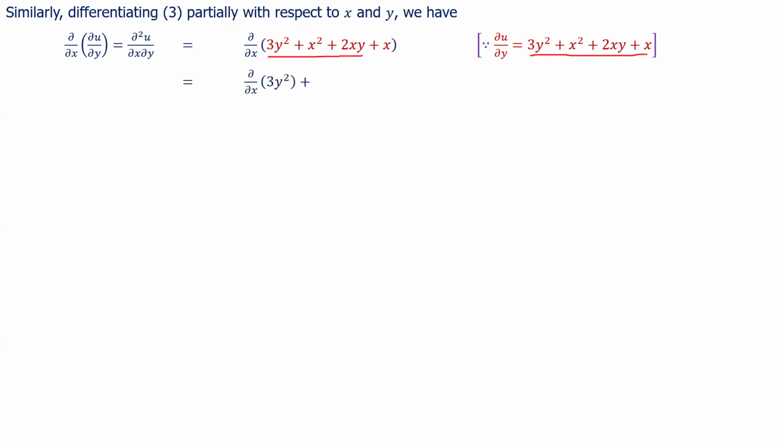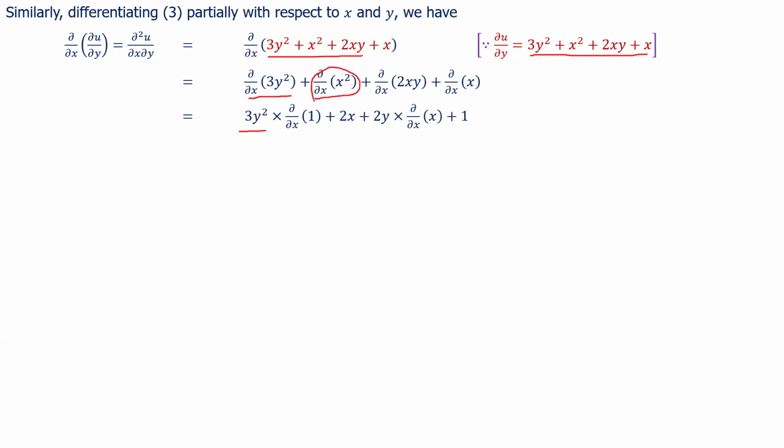So if you want to find its derivative with respect to x, we have to first separate all the terms. Now 3y square is constant with respect to x, so we can take it outside. Similarly, partial derivative of x square with respect to x is 2x. Now we can take 2y outside, so x is remaining. Partial derivative of x is equal to 1.